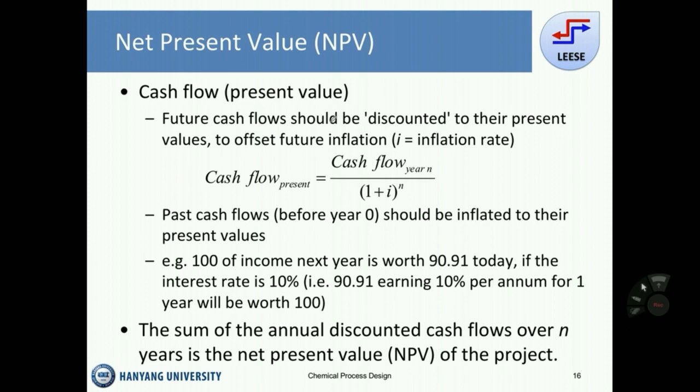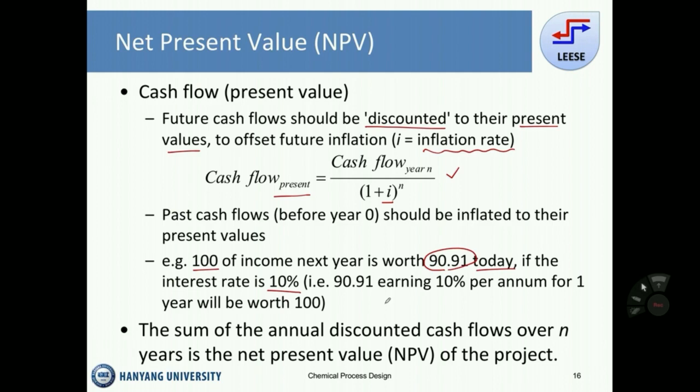Again, the cash flow should be discounted to its present value, because we have to consider, for example, the inflation rate. The inflation rate is given by I here. So cash flow at the present time will be devalued through the inflation rate I. That will be given by this equation. For example, 100 units of income next year is not going to be the same value of money, because today that will be worth 90.91 when the interest rate is taken as 10%, okay?